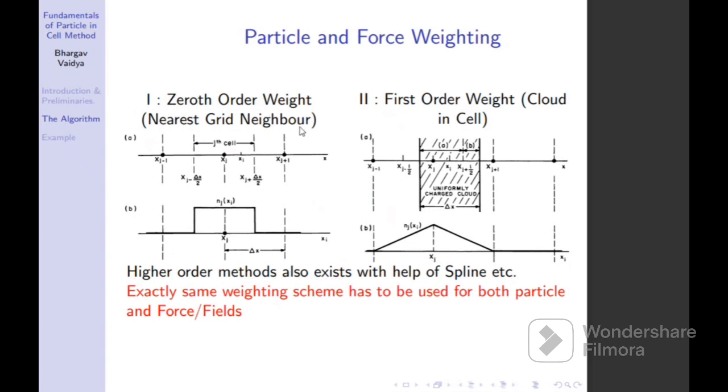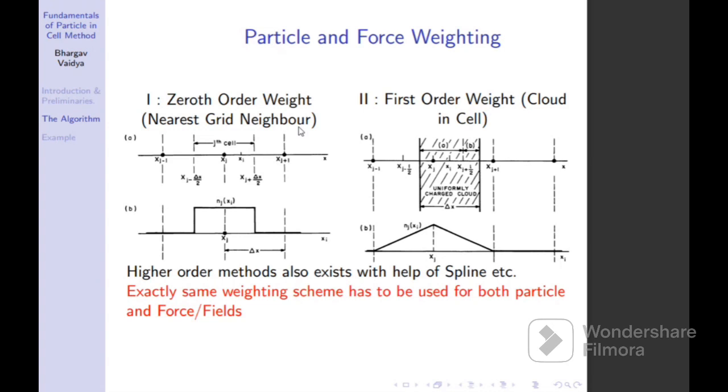And then finally, what is important? What gels all of this together is the interpolation. That is the most important aspect. There are ways of interpolating the charge from the particles onto the grid, and from the grid back to the particles, because you have to interpolate the charge density and the currents from the charged particle onto the grid, and the electric and magnetic fields from the grid onto the charged particle.